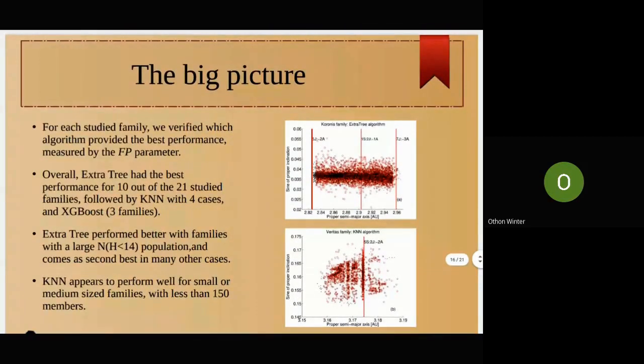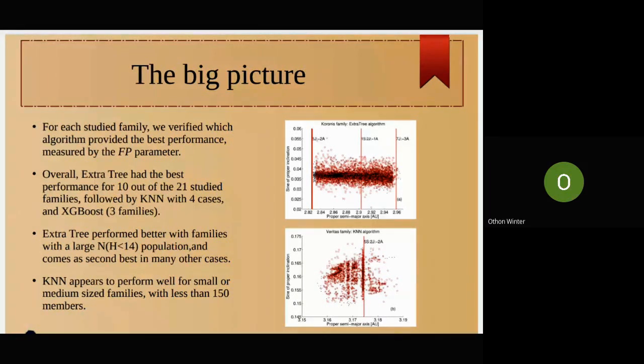So we studied 9 different machine learning algorithms applied to these 21 asteroid families. For each studied family, we verified which algorithm provided the best performance measured by the final parameter. For 10 out of 21 of the studied families, the ExtraTree method had the best performance, with the highest values of the final parameter.